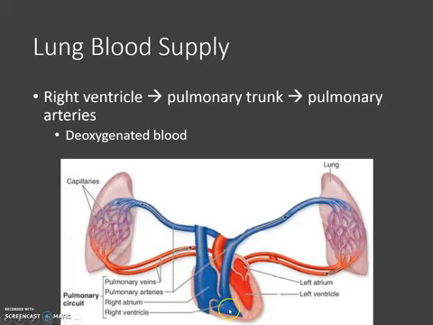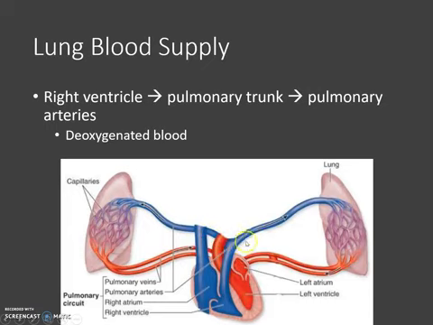From the right atrium, it goes into the right ventricle, and from the right ventricle, it goes out through the pulmonary trunk. Now notice that these structures are all blue, and blue on the picture indicates that this is deoxygenated blood. The pulmonary trunk then branches into the right and left pulmonary arteries.